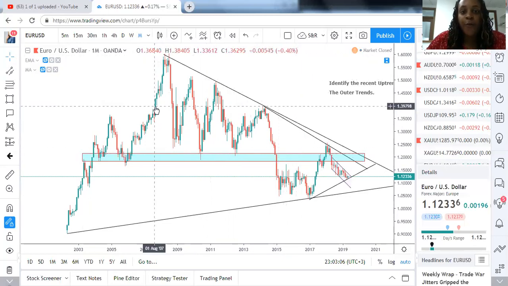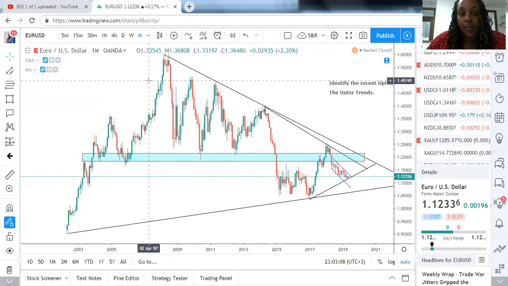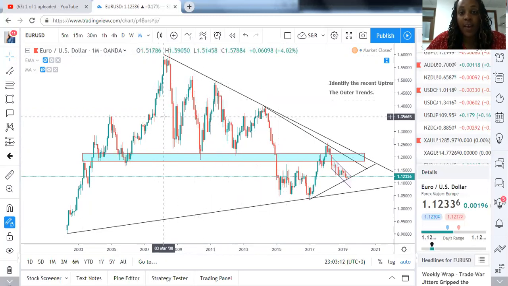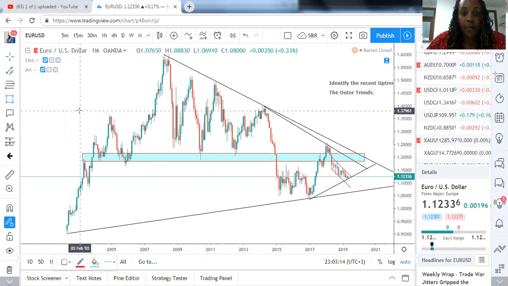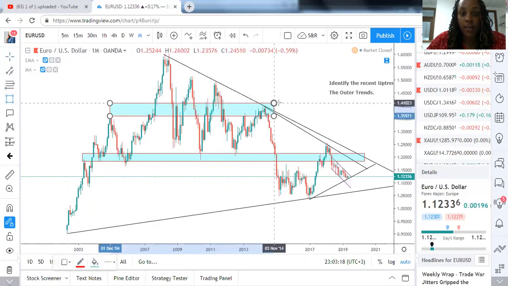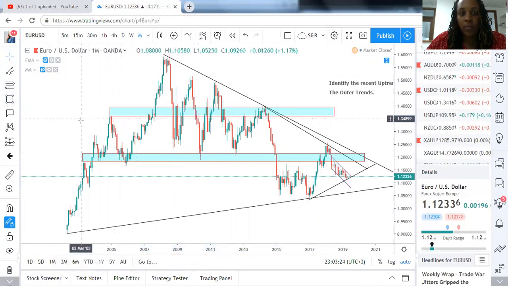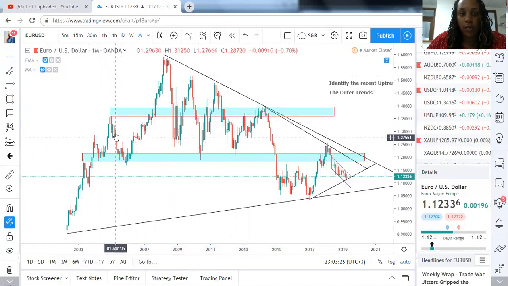Now, if we're looking for a type of ceiling, let's say here, because we have about two types of ceilings coming up. This is a ceiling, right? This is a miniature ceiling based on the monthly. You can see price came here, turned around.